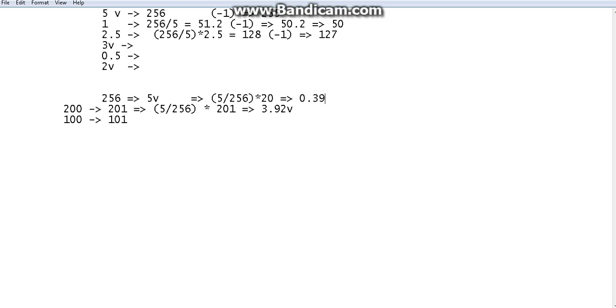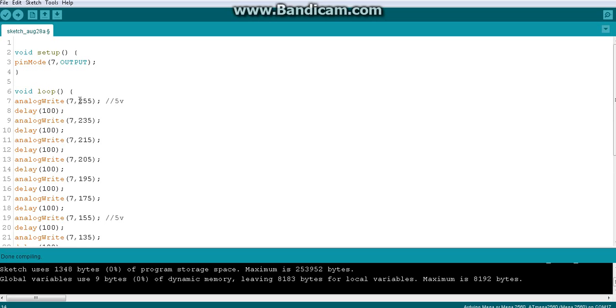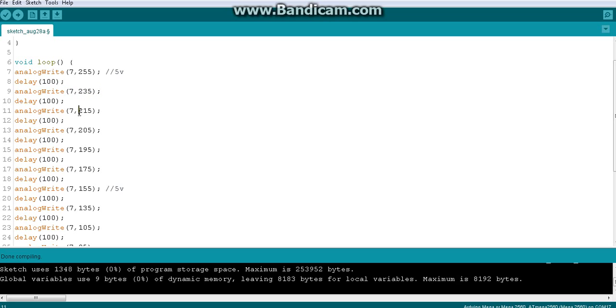If you don't understand this, don't worry, but you should understand this actually, right, if you properly follow my videos. Okay, so 0.39 voltage is the voltage amount for 20 analog units. So what I am doing is decreasing it by 20 analog units. That means I am decreasing this output by 0.39 voltage.